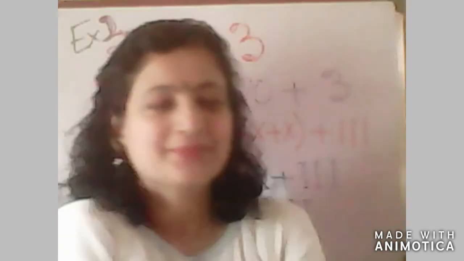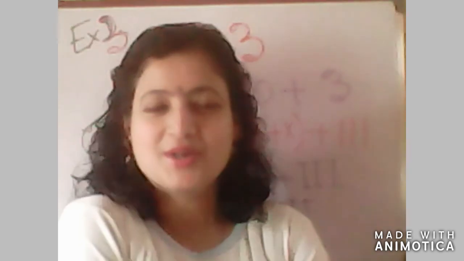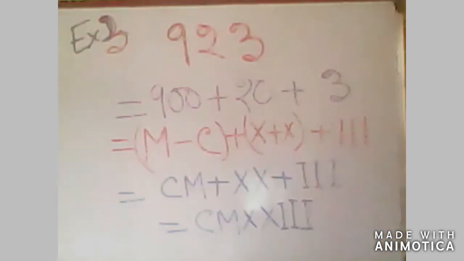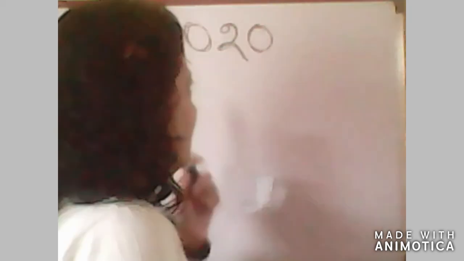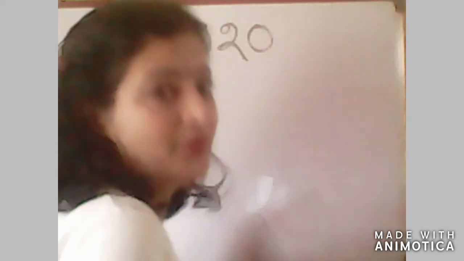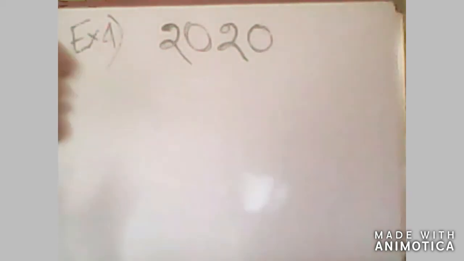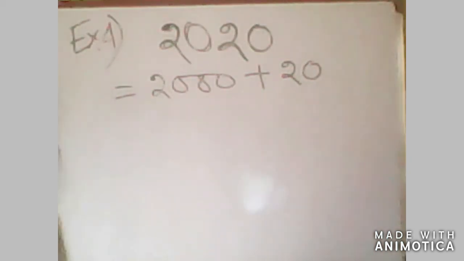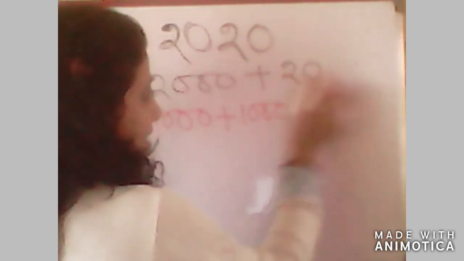And this year is, what is this year? This year is 2020. How will we write it in Roman numerals? Let's see. Now we will write the current year in Roman numerals. 2020. That means we first split the number: 2000 plus 20. And this 2000 we will split into 1000 plus 1000, plus 10 plus 10.